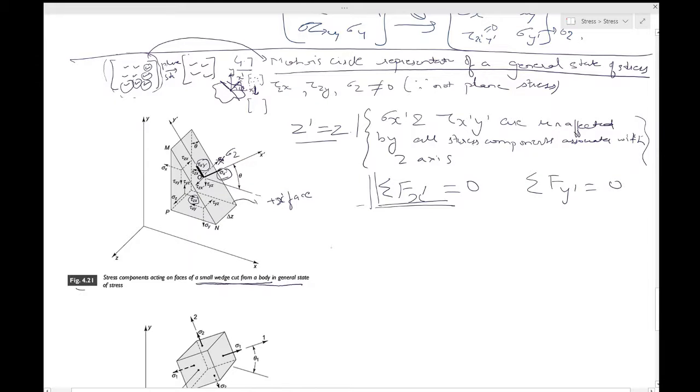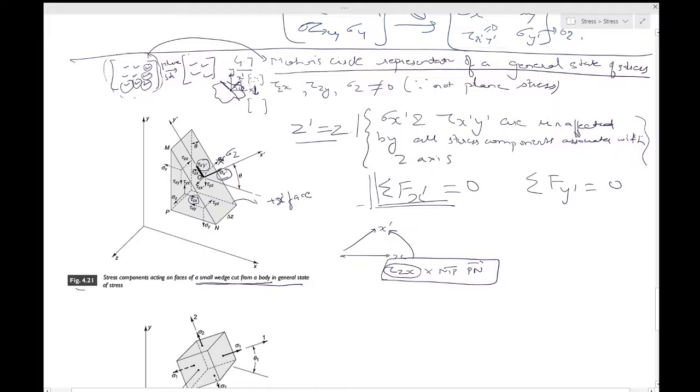Essentially your x dash is something like this, x is something like this, and clearly tau zx is something like this. When you want to consider the contribution of this stress, you have to multiply it by a suitable area, which is say mp and pn. That becomes a force in this direction, and then you have to resolve this particular force in this direction x dash.